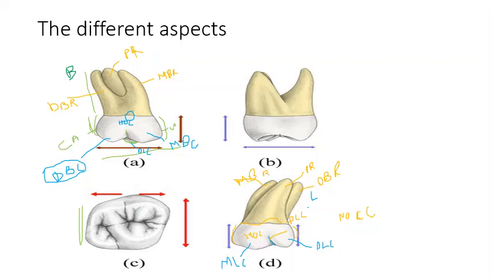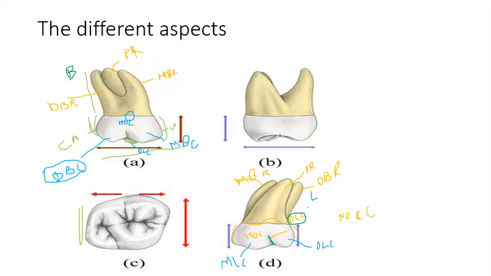So there is no cusp of Carabelli present, the distolingual groove is present, and there is a more convex surface over the lingual. One other thing I want to mention: this distolingual groove could be absent in many specimens. It extends up to the occlusal surface, but it may not extend over the lingual surface.